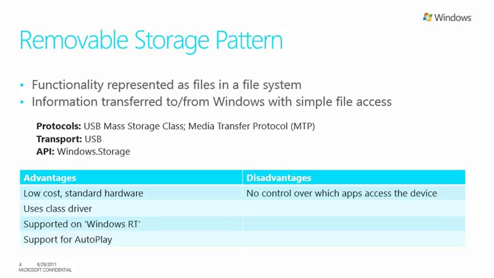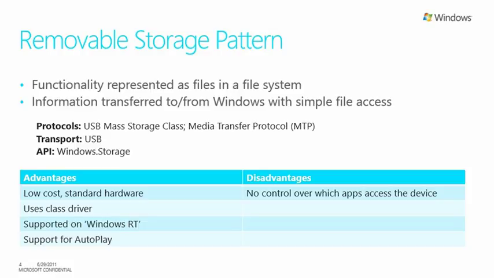So it's fairly low cost from that perspective. It uses inbox class drivers, so it uses our mass storage class driver, and if it's MTP, it'll use the MTP class driver. It's supported in the Windows RT version of Windows 8. So no extra drivers are required to be loaded, etc. You just get a seamless experience there.